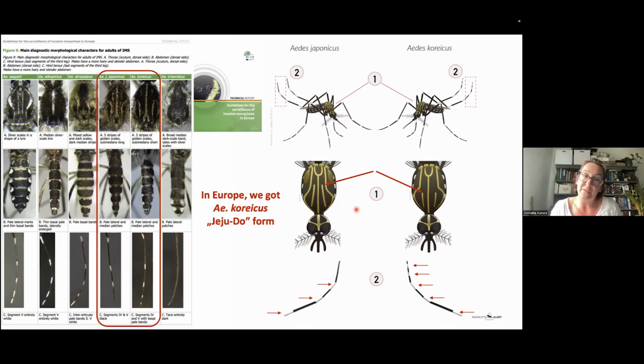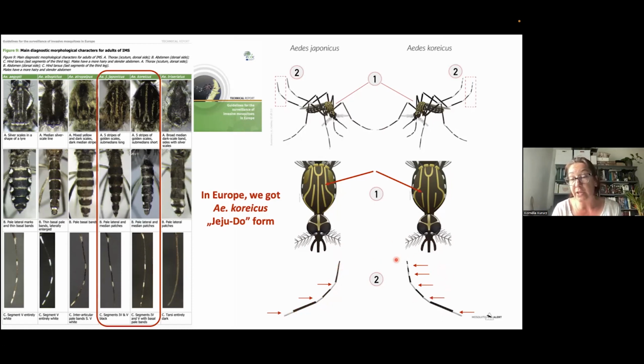On these pictures it seems very clear, but to be honest, if you see the real mosquito, sometimes it's hard to see these differences. And the other main difference is on the hind legs, where in japonicus we can see white rings or stripes on the first, second, and third segments, but the fourth and fifth segments are black.